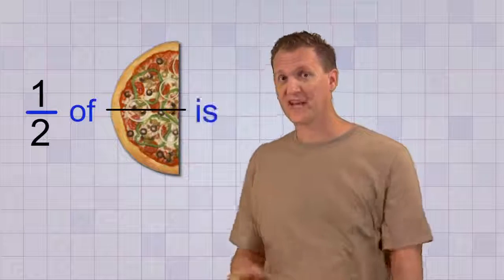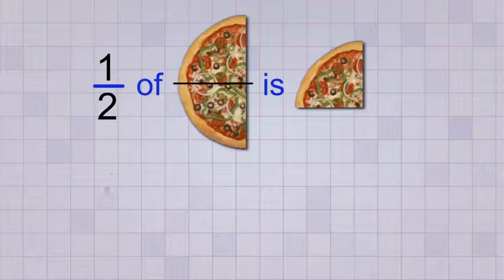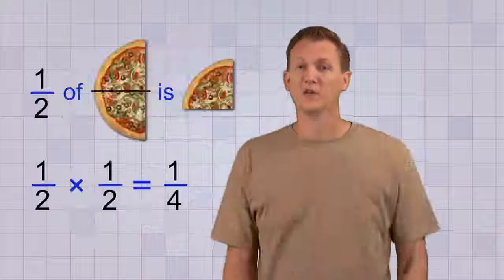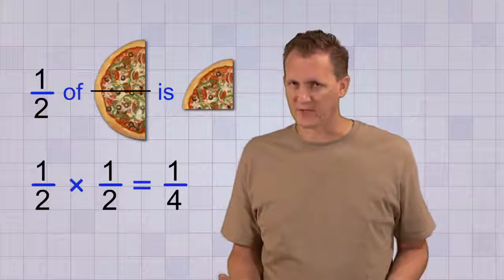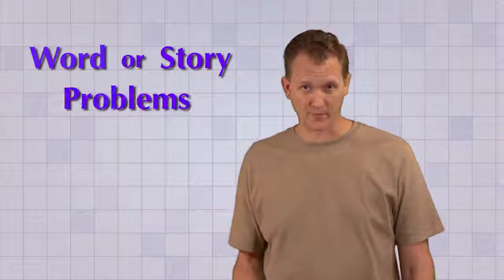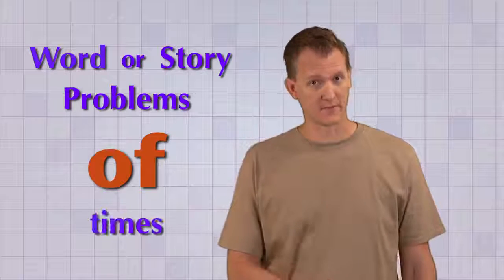Now you can see that if I take 1/2 of that half, then I get 1/4 of a pizza. And if we do the multiplication 1/2 times 1/2, you see that we do get 1/4. So that's why you can think of multiplying fractions as taking part of another part. In fact, sometimes, especially in word or story problems, you'll see multiplying fractions written using the word of instead of times.